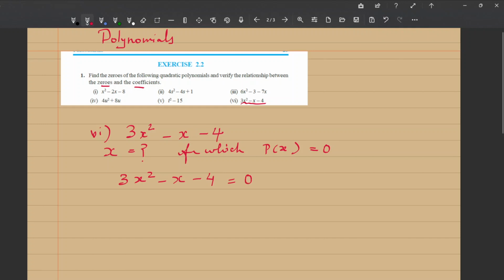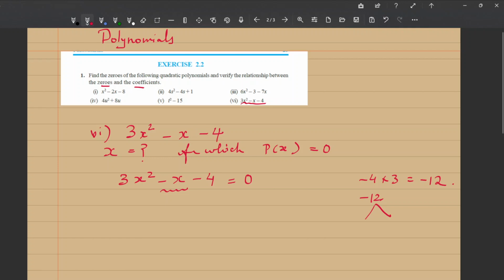Now, here you have to split the middle term into two terms in such a way that the two terms add up to minus x, but they multiply to minus 4 into 3, which is equal to minus 12. So, let's find the factors of minus 12.